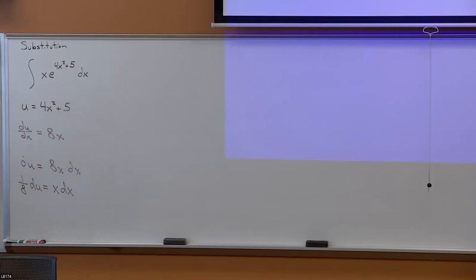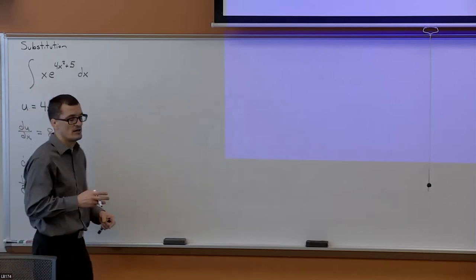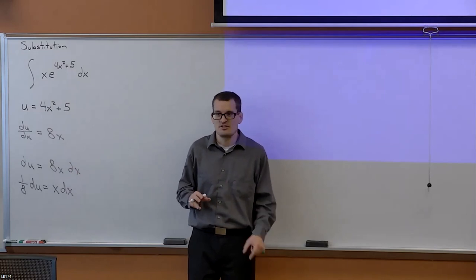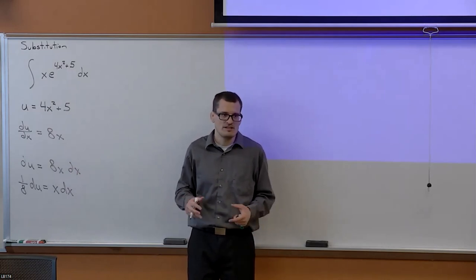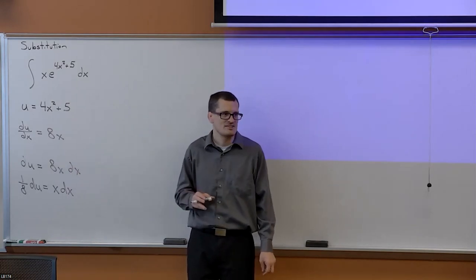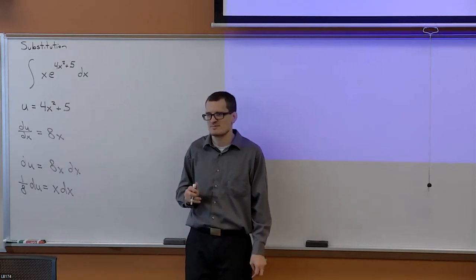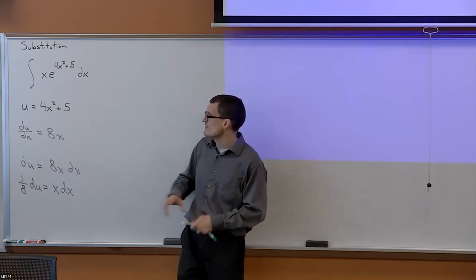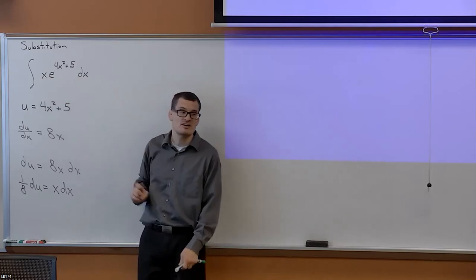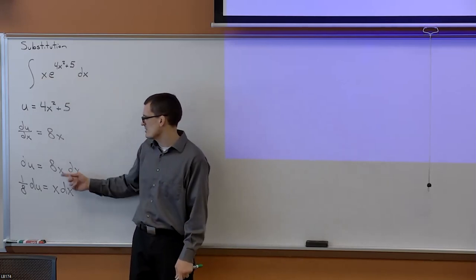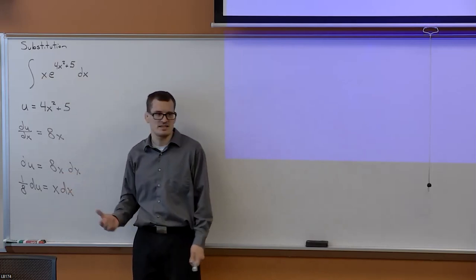All right, there's kind of an art to using the right one. You can use any of them, but it's an art to see which one is going to require the least amount of work. Does that make sense? In this case, it's going to be really easy to just pull the x over and put it with the dx, so getting an x dx is kind of nice.